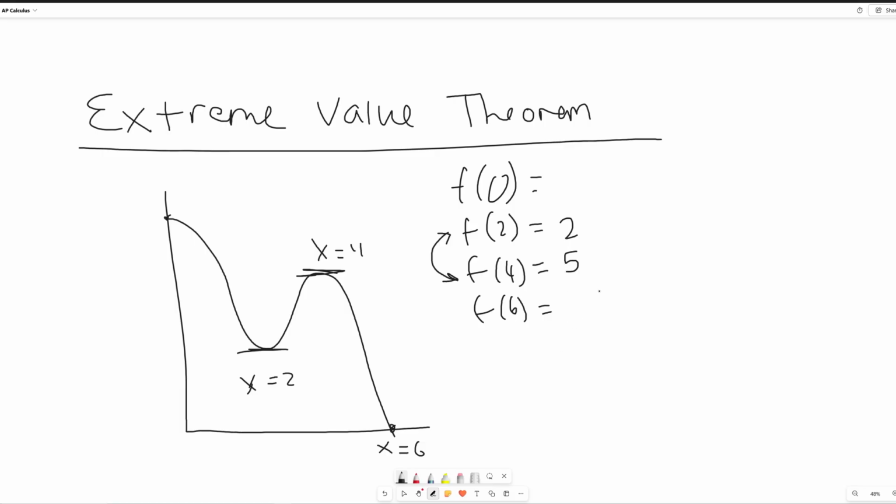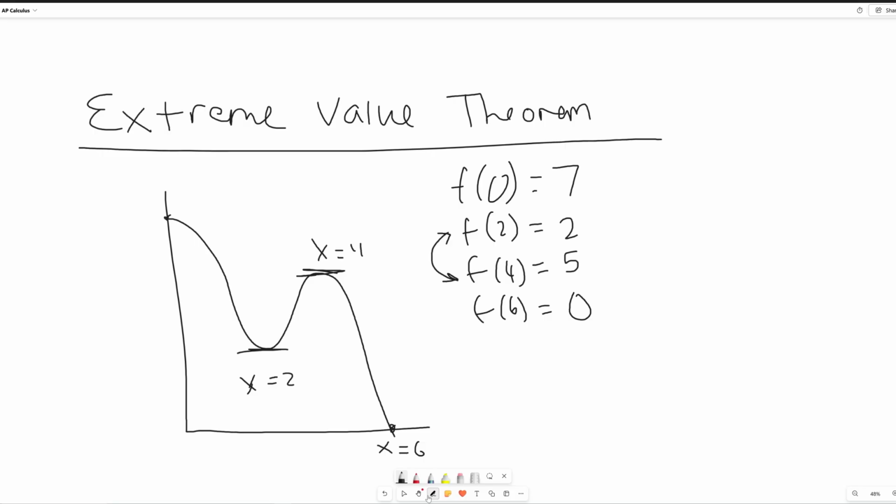Okay. You can't say that this is the minimum or maximum because you also consider the endpoints. It says it's on the interval 0 to 6, so you also have to look at x equals 0 and x equals 6. In this case, x equals 0, let's say, is 7, and 6 is obviously 0. So, if you wanted to find absolute minimum, absolute maximum, you look at critical points and endpoints.